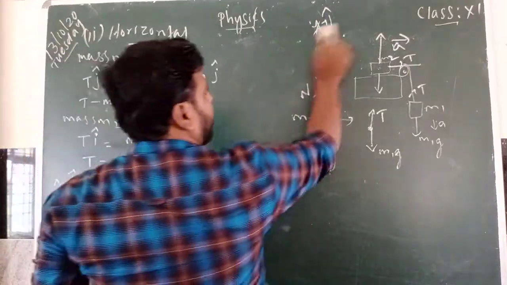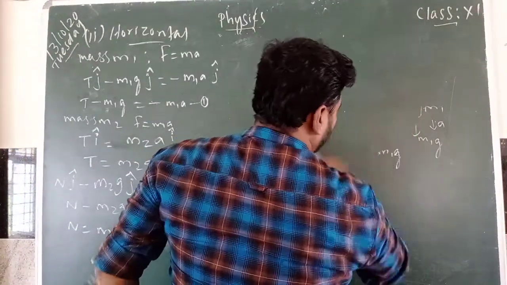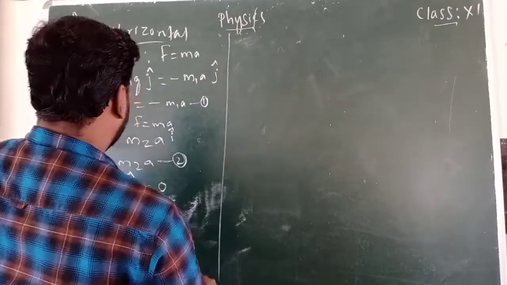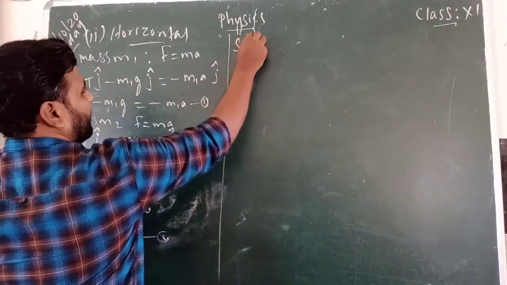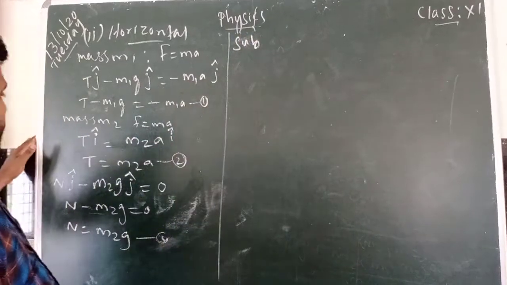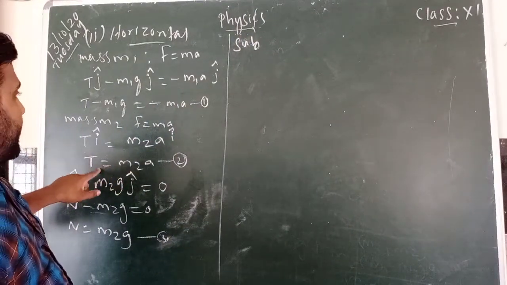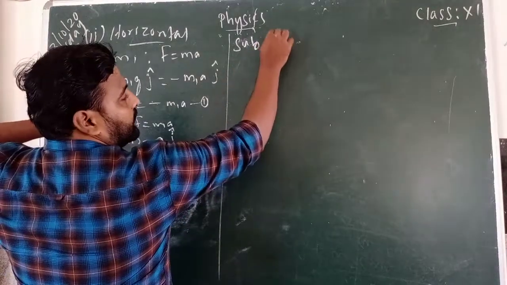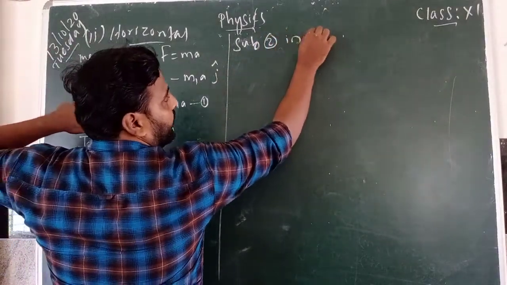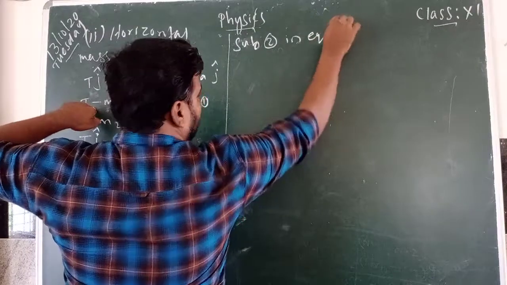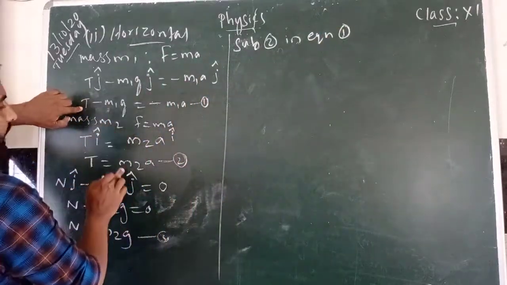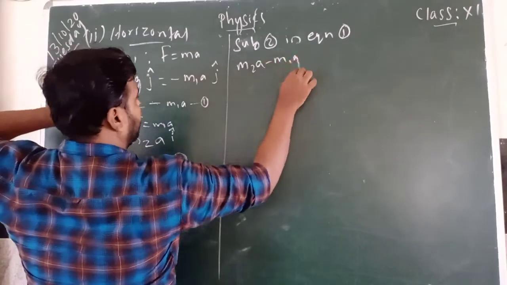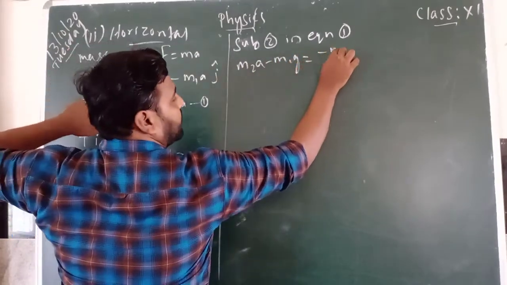Now substitute the T value from equation 2 into equation 1. Instead of T, M2A: M2A minus M1G equals minus M1A.